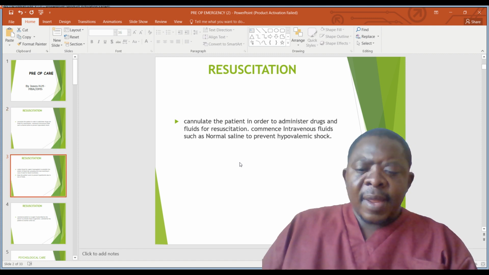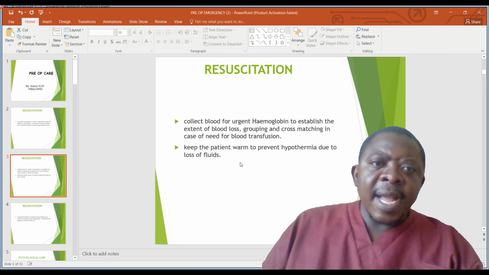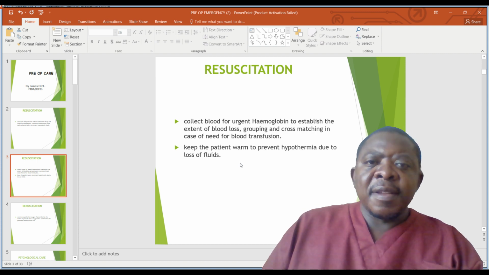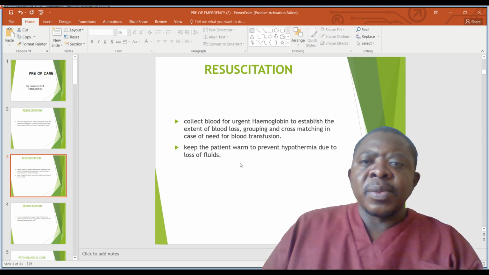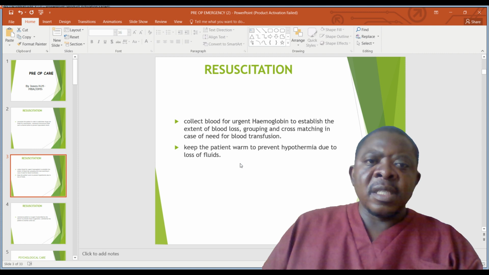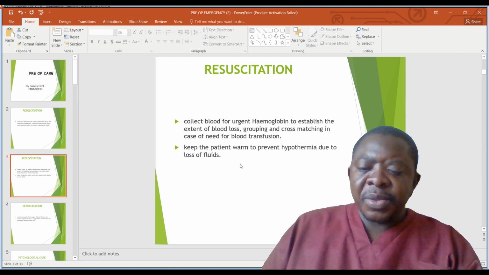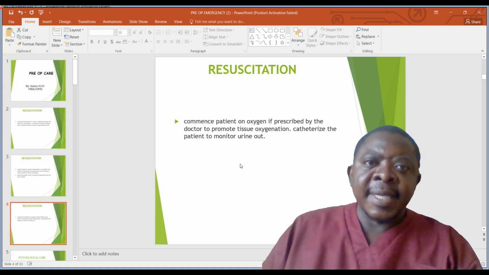Okay, so then other things is that you collect the blood for urgent hemoglobin to establish the extent of blood loss, grouping and cross-match in case of need for blood transfusion. Then you also have to keep the patient warm to prevent hypothermia that may be due to loss of fluids.